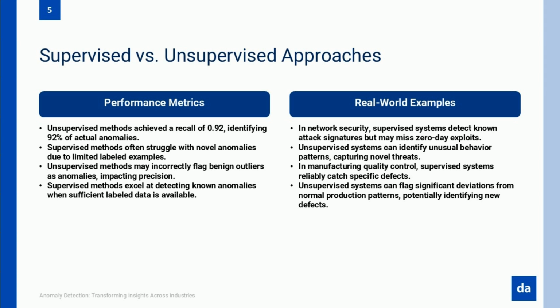The most sophisticated systems often employ hybrid approaches, using supervised methods to catch known anomaly types with high precision while running unsupervised methods in parallel to detect novel deviations that might indicate emerging threats. The benchmark performance of these different approaches can vary significantly based on the specific characteristics of your data.